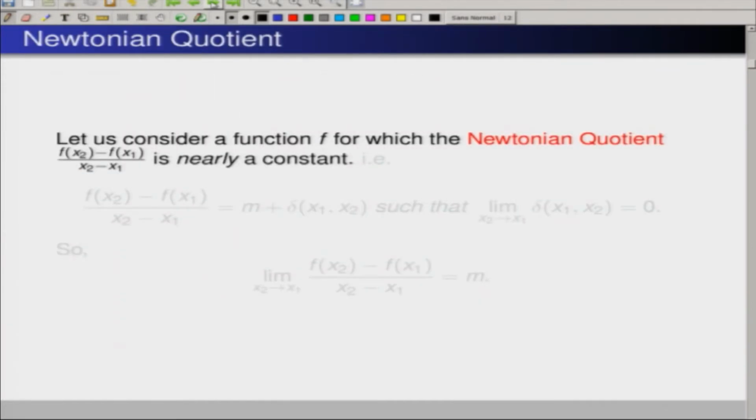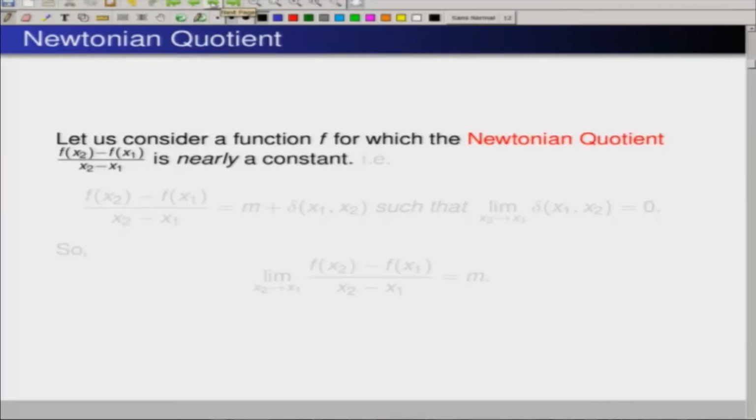So, this suggests that we can try to define what Newton meant by locally linear. Let us consider the function f, whose Newtonian quotient, I will say, is f of x 2 minus f of x 1 divided by x 2 minus x 1.